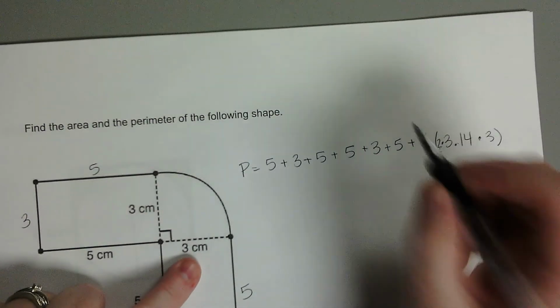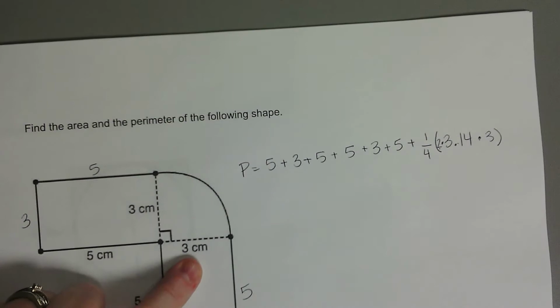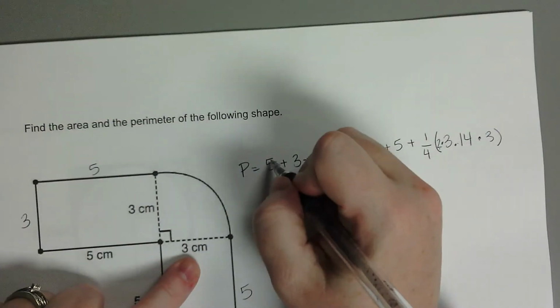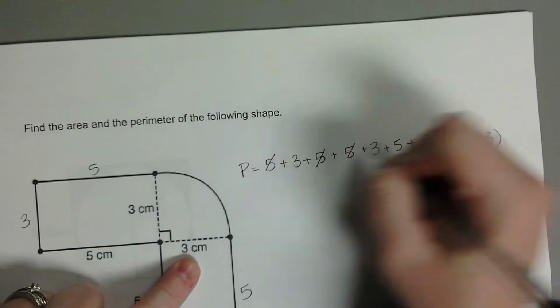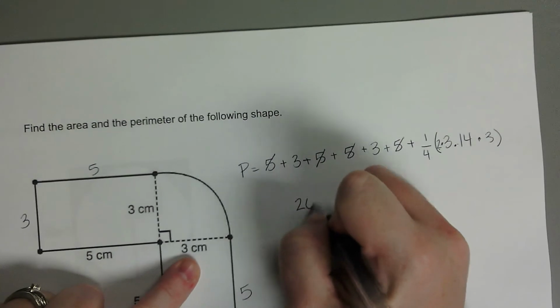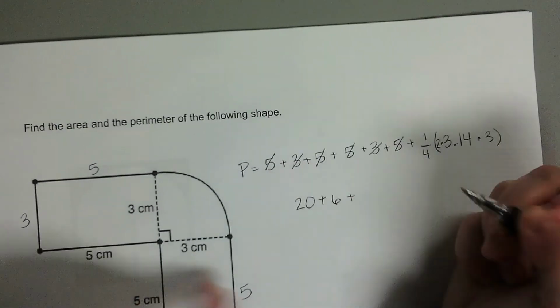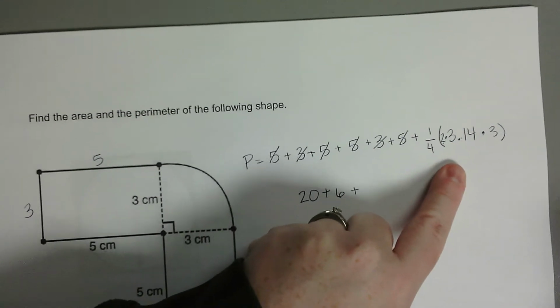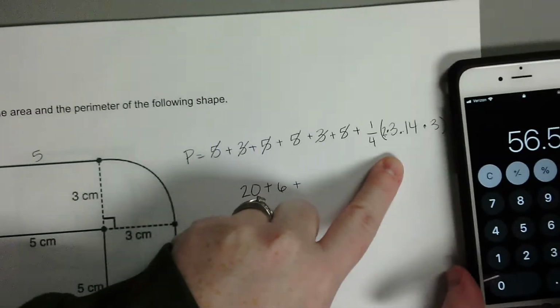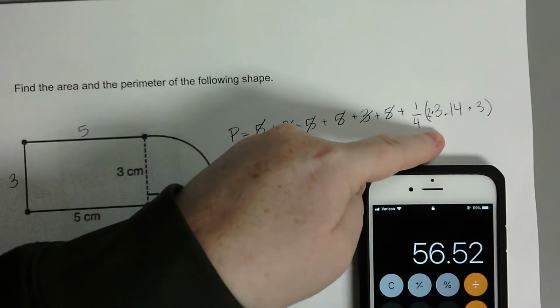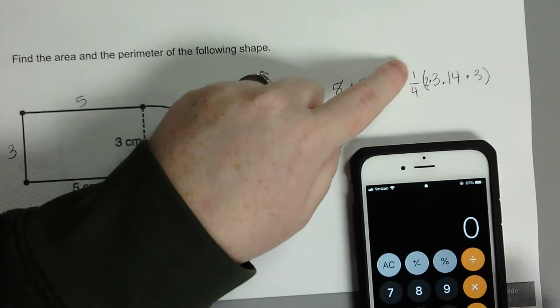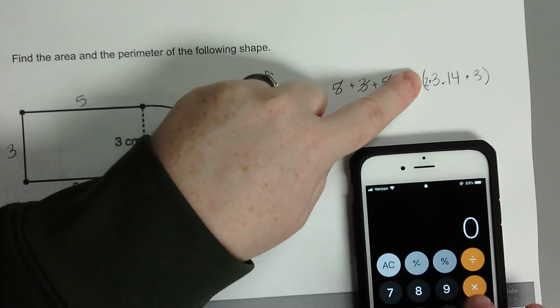Alrighty, so I'm going to combine some numbers that I know. So I have 5, 10, 15, 20. And then I have 3, 6. All right, now I'm going to do this over here. So I'm going to do inside my parentheses first.